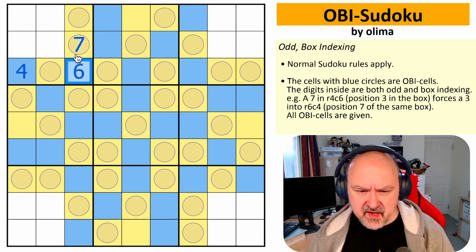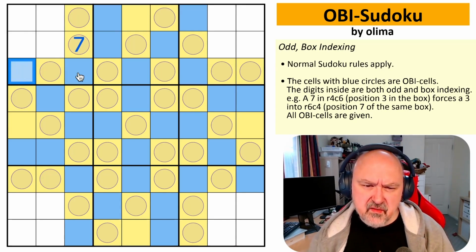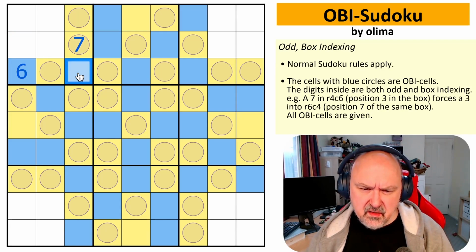So there's nothing about even box indexing. That's an odd box indexing. Oh no, so no, it's not right, because if that's a 7, that's a 6. So if that's a 7, that could be a 6. That's fine. That doesn't refer back at all.